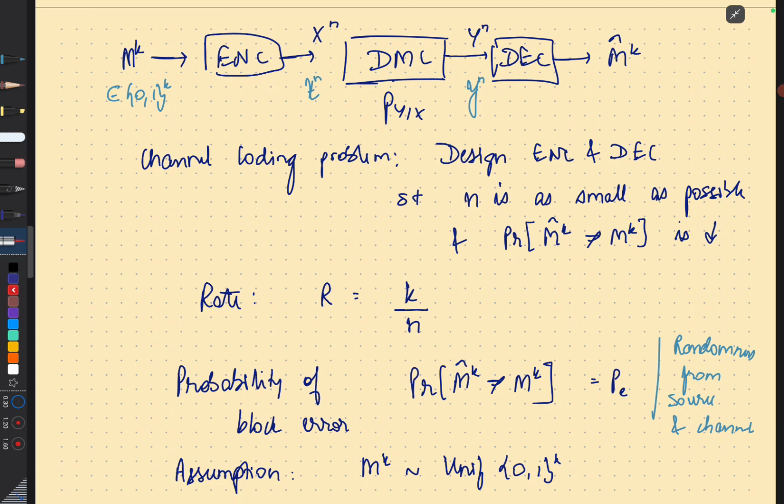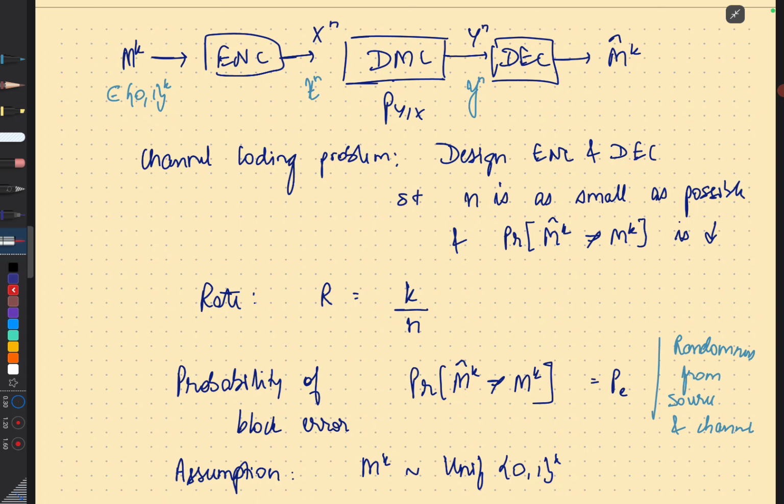So basically, we're allowed to use this discrete memoryless channel n times, and in those n channel uses, we want to transmit k bits of information in a way that the decoded signal m_k hat is equal to m_k with very high probability. So the probability of error of decoding m_k is something which is hopefully vanishing as n tends to infinity, or correspondingly as k tends to infinity.